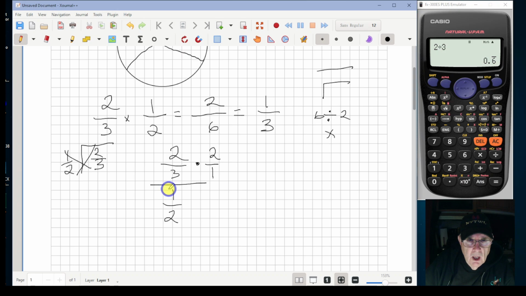We turn a division problem in fractions into a multiply problem by inverting the divisor. Inverse means upside down. Okay, so now we can multiply. We get 2 times 2 is 4, and 3 times 1 is 3.